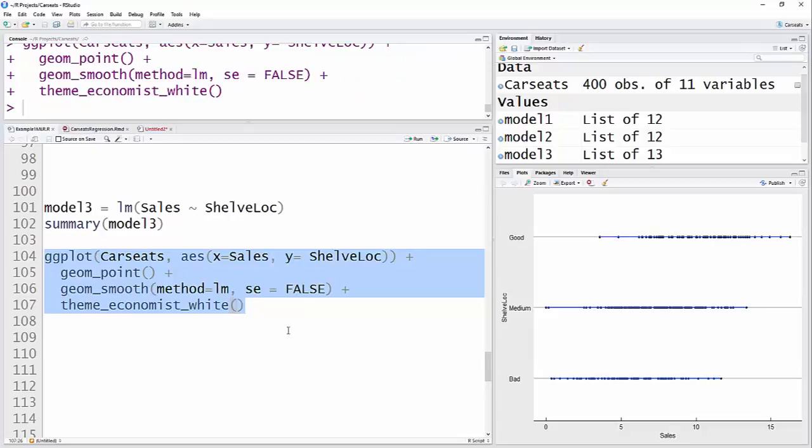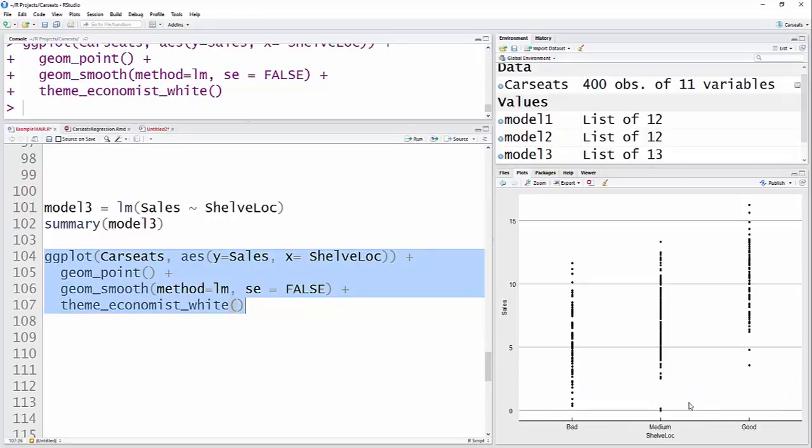Of course, that's in the wrong order. It should be y is equal to sales and x is equal to shelf location. Let's rerun this that way.